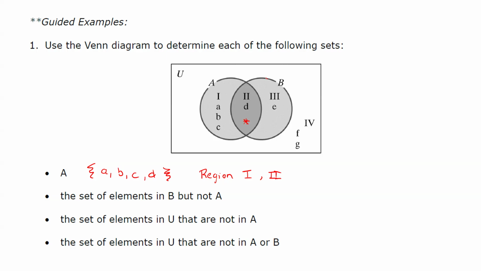We also know that this circle is set B. So set B has two regions, region 2 and 3, but the only region that contains elements in B but that are not in A would be region 3 with the element E.